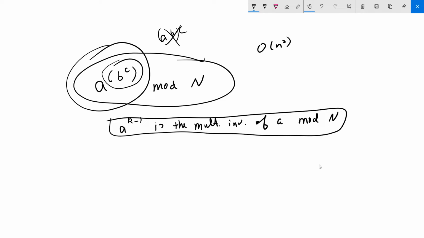Since A to the k minus 1 is the inverse of A, what's A to the k? A to the k is 1 mod n. That's the first step. So take that A to the k is the same as 1 and use that to simplify things. Does that help?